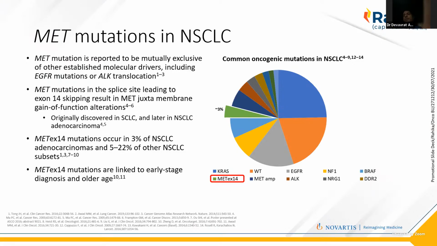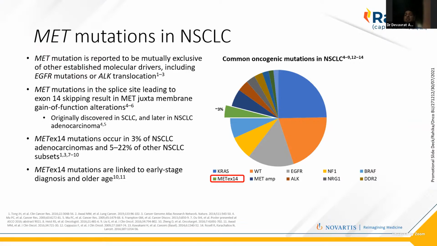So we know, to summarize what he said, MET mutation is reportedly exclusive of other mutations, including EGFR, ALK, which means you can have one but not the other, at least in the beginning. A MET mutation in the splice site leading to exon 14 skipping, resulting in MET juxtamembrane gain of function alterations, which were originally discovered in small cell lung cancer, are now known to occur in 3 to 4% of non-small cell lung cancers.